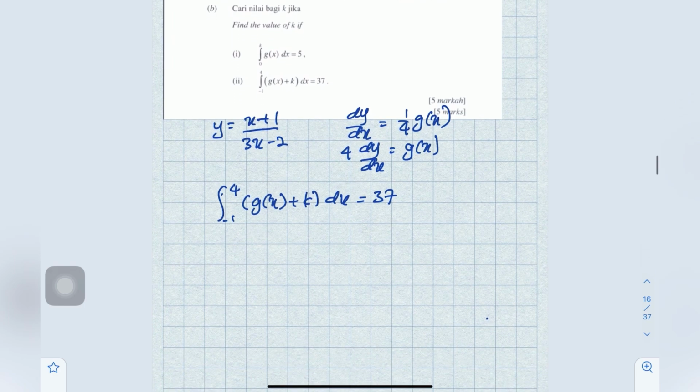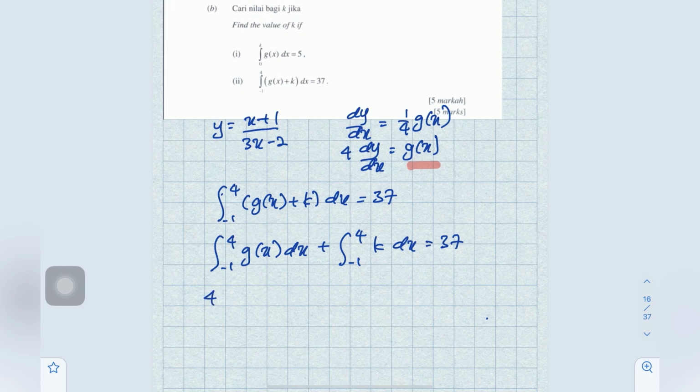Okay, so this one akan jadi integral from negative 1 to 4 of g(x) dx, plus integral from negative 1 to 4 of k dx equals 37. Tadi samalah. Ni macam tadi juga, g(x) ni kita gantikan dengan 4 dy/dx. Lepas tu 4 ni kita boleh keluarkan. Tadi kan ni sama je dengan yang tadi, 4 dy/dx.